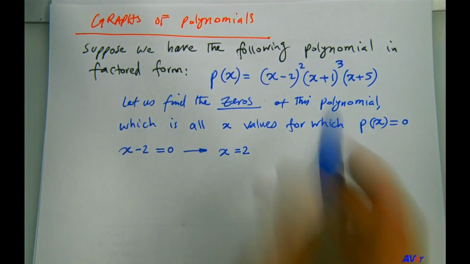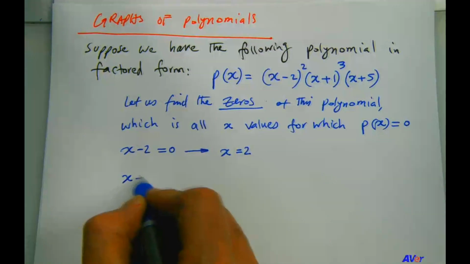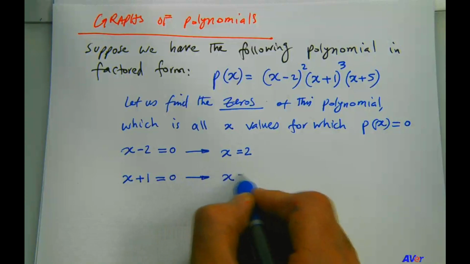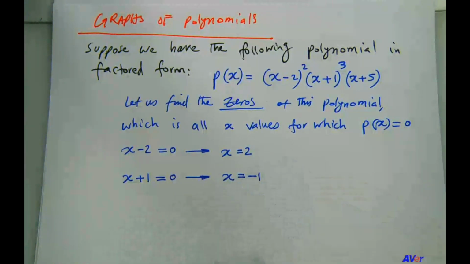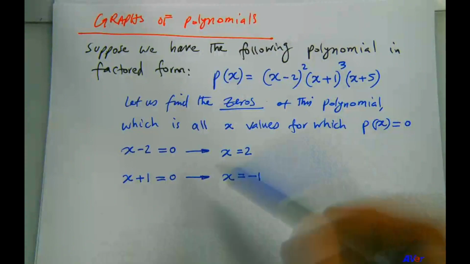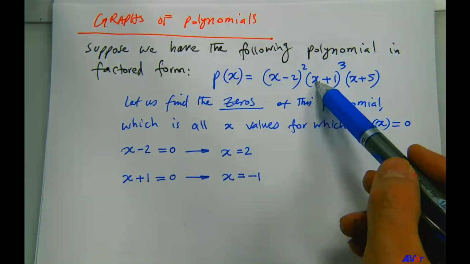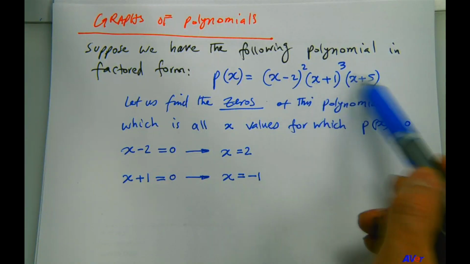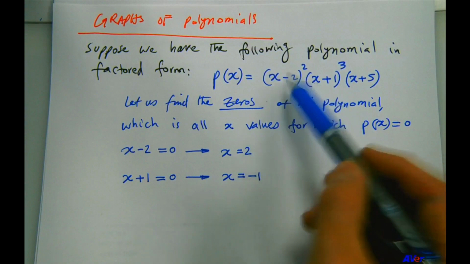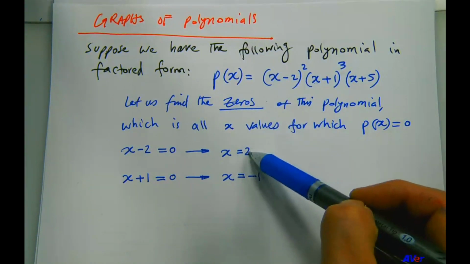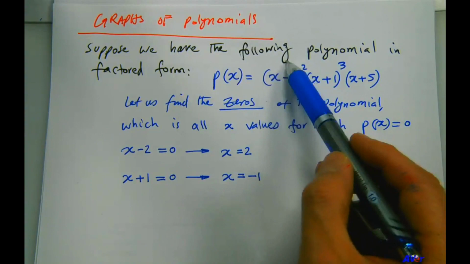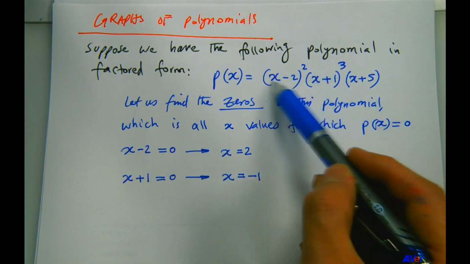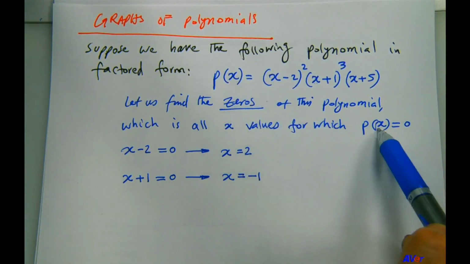Then, from the other factor, x plus 1 equals 0, then x equals negative 1, right? I'm sure you're following this because if x here is negative 1, this term is going to be 0, multiplying by all these terms, it will make everything equal to 0. If x is equal to 2, then that factor is 0, and it will multiply all of this and make the whole expression, p of x, equal to 0.